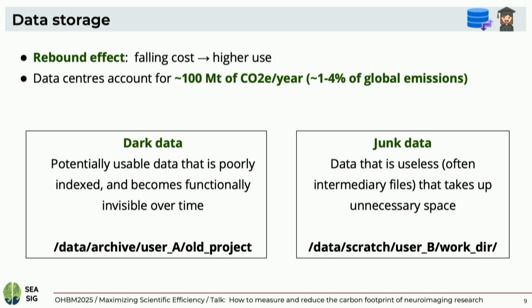Just briefly about storage, because it's the easiest to think about and understand. What has happened with data storage over the last few years is the rebound effect. Over the last 20 years, the cost of silicon-based storage systems has fallen extremely low, and that has caused much higher use.